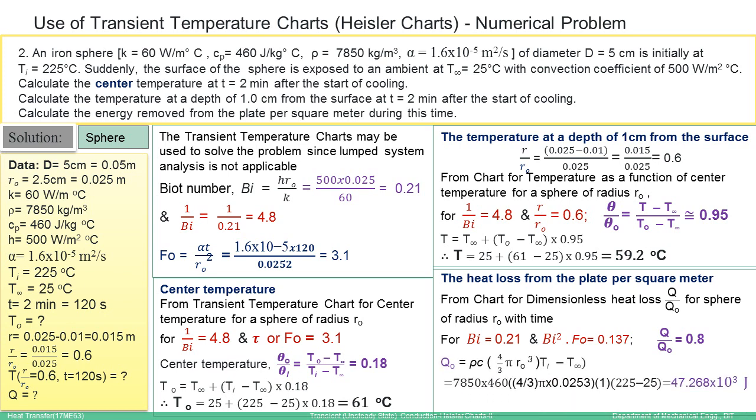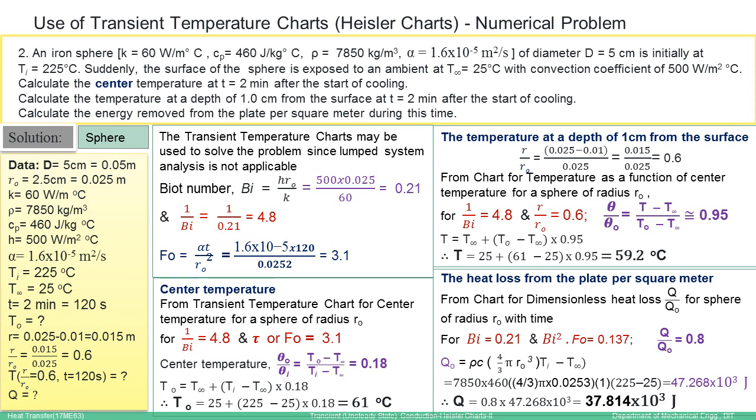But for a sphere, Q naught is equal to rho C into volume into temperature difference. Volume is 4 by 3 pi r naught cube. So using that, we can get Q naught equal to 47.268 into 10 power 3 joules, and from the ratio we can get Q is equal to 37.814 into 10 power 3 joules.